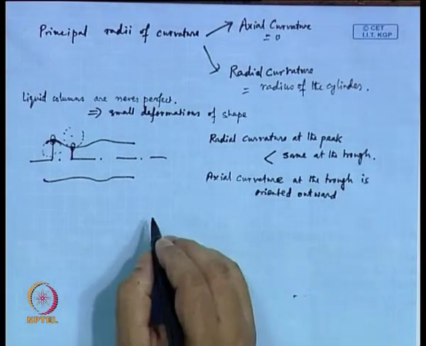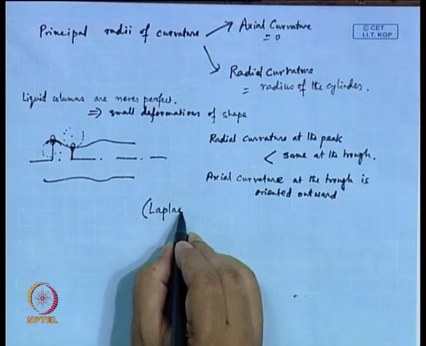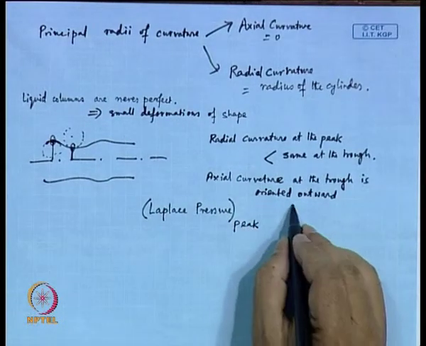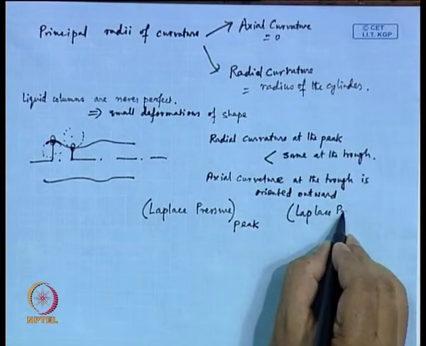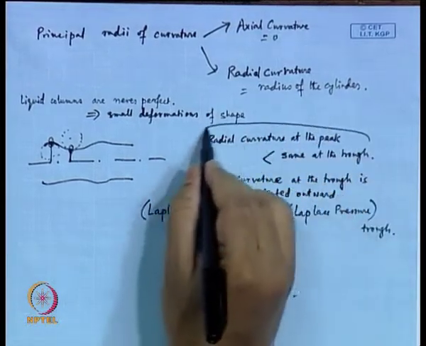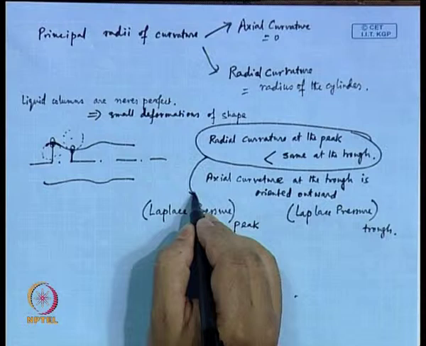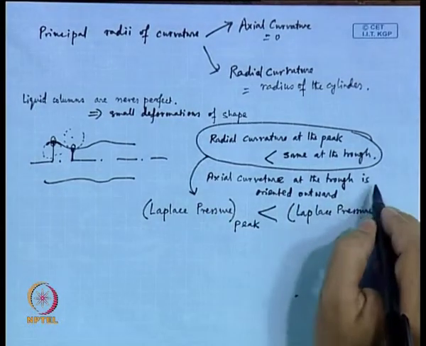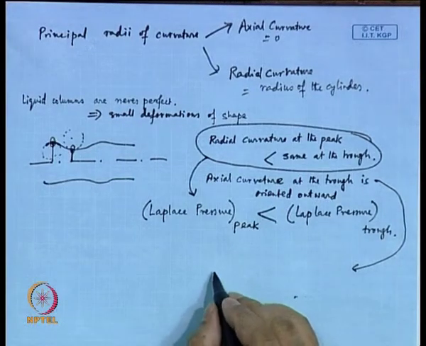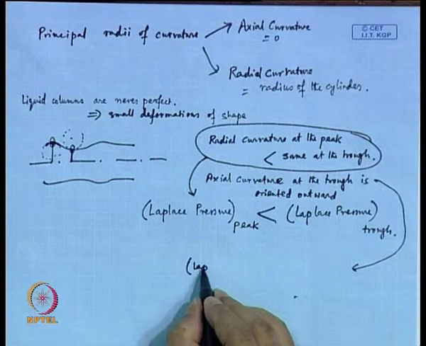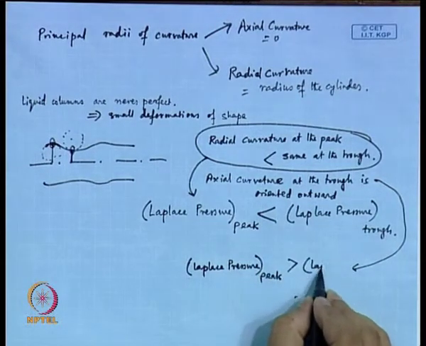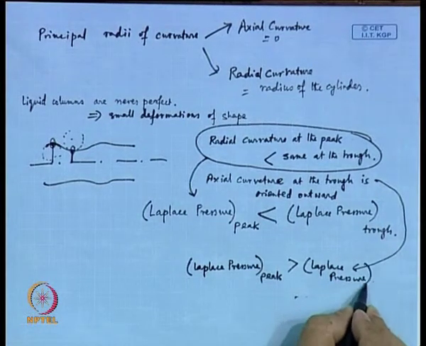So, when it comes to the Laplace pressure, if you compare Laplace pressure at the peak and Laplace pressure at the trough, you will find that this particular aspect will cause Laplace pressure at the peak to be less than Laplace pressure at the trough, whereas this particular aspect will bring Laplace pressure at the peak to be greater than pressure at the trough.